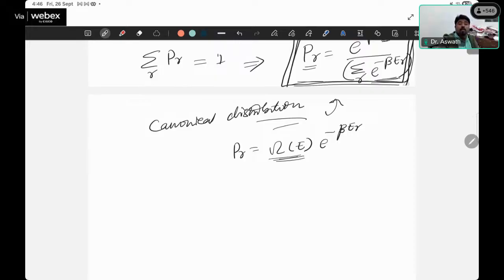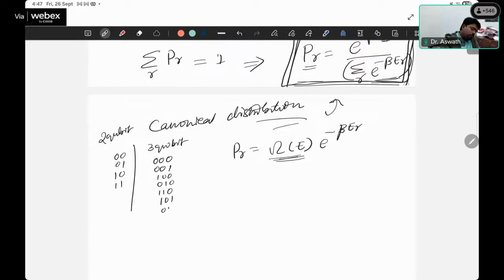In a quantum system, if I have two qubits, they can be arranged as 00, 01, 10, 11. If I have a three-qubit system, I can have arrangements like 000, 001, 010, 011, and so on up to 111.